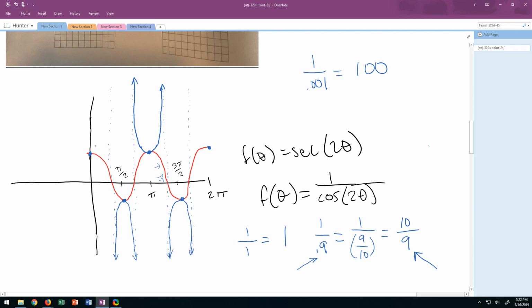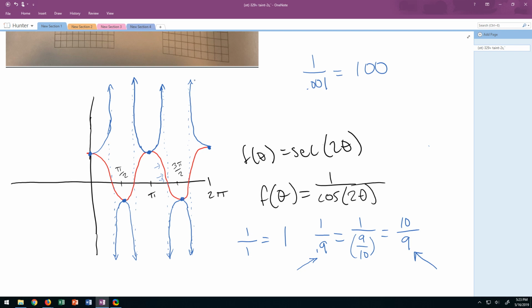And over here, we can already tell what the cycles are going to be. Up here, it's going to look just the same as the other one. Going up with one asymptote, coming down just like this. So right now what I have in blue is the reciprocal of the cosine function. Or in other words, it's the secant of 2 theta.